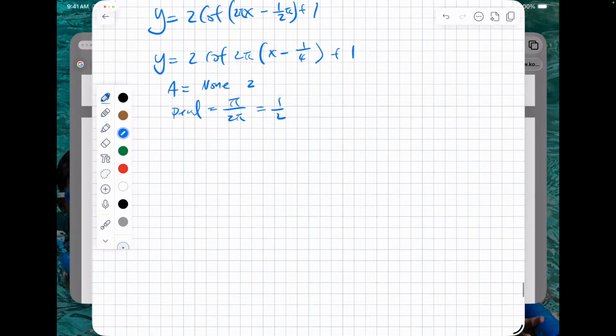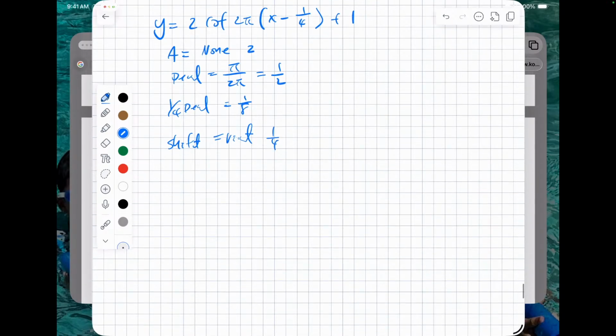So we know period is half, and we know quarter period. So quarter period is what? Amplitude is not number 2. 1/8. Good. Okay, what is shift? Right or left? Right what? 1/4.